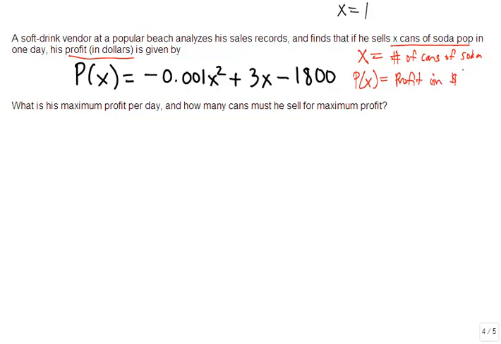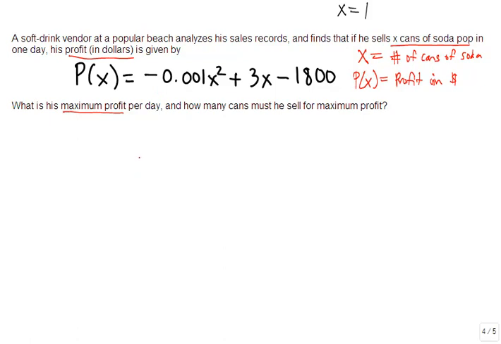And then, what are we trying to find? We're trying to find his maximum profit. Well, in this class, so far anyway, the only way we know how to find maximums is either by using a calculator and using that max command on your calculator, or in this case, because this is a quadratic function, we know how to find maximums from quadratics, because if a quadratic points down, then it will have a maximum.